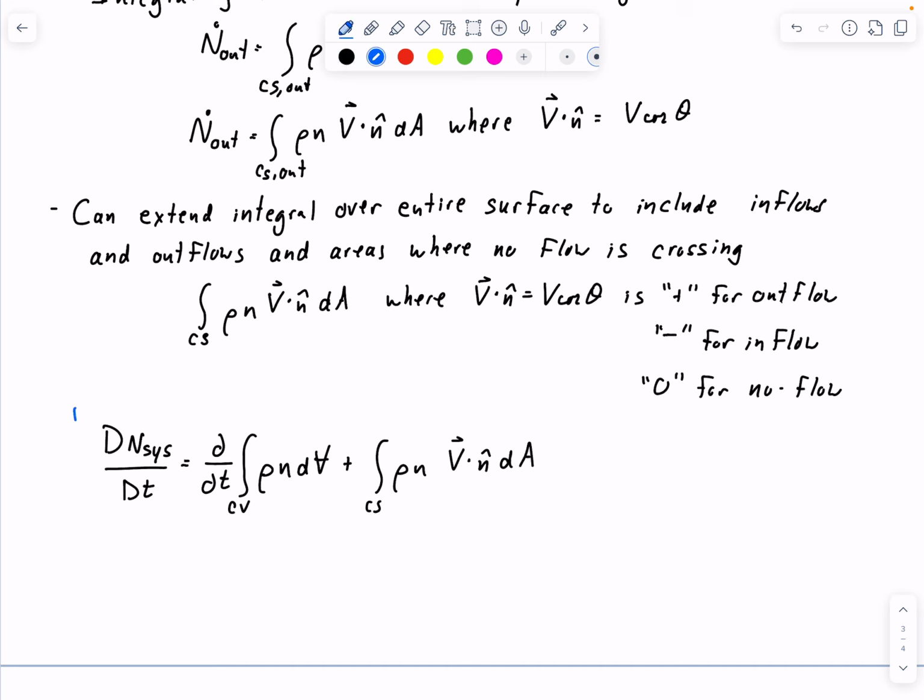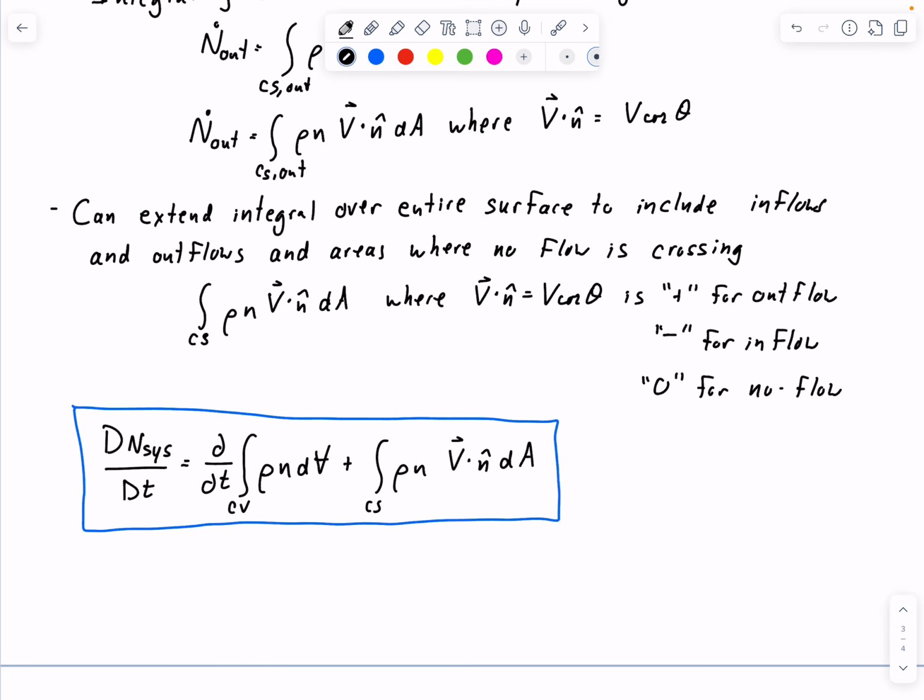So this is the final version that we'll be looking at further.